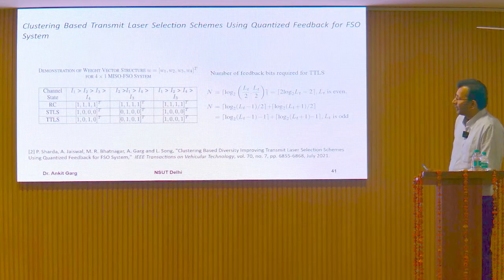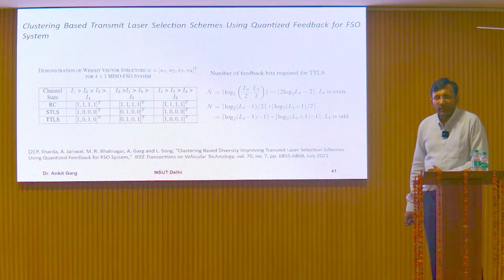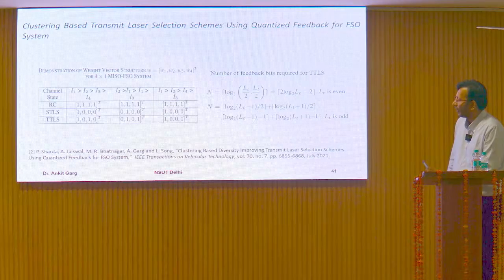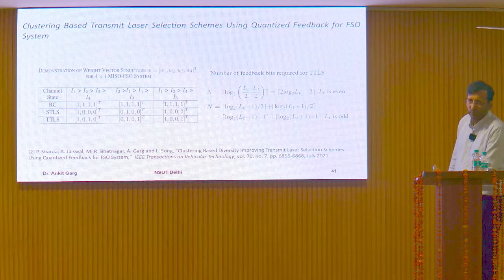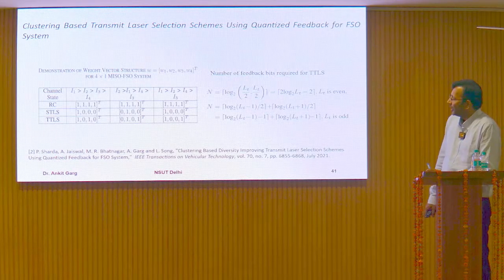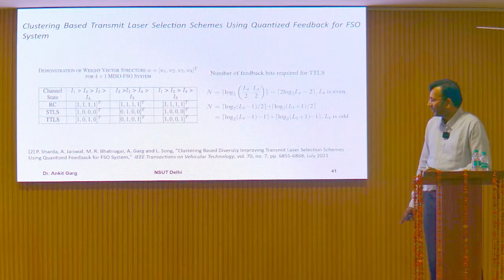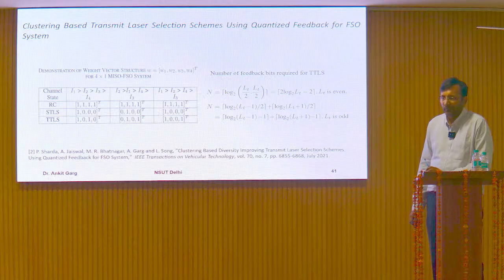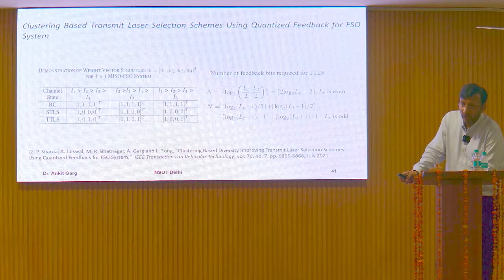So in the FSO scenario, instead of space-time block code, we use repetition code. Repetition code means we transmit the same signal from all the transmit lasers. So for I1 greater than I2 greater than I3 greater than I4, in the first scenario I1 and I2 are the best two antennas out of the total lasers.